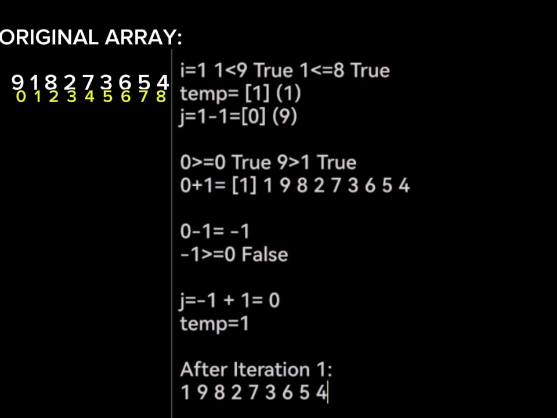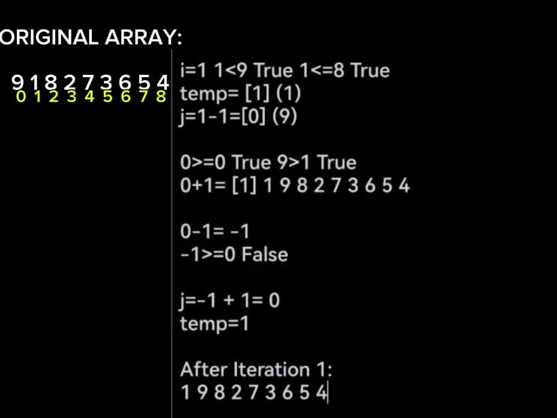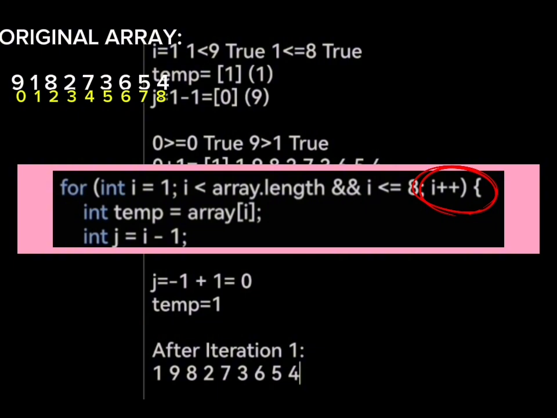So printing now is after iteration 1, we have now here 1, 9, 8, 2, 7, 3, 6, 5, and 4. And after that, babalik po tayo sa for loop, which is mangyayari po yung ating incrementation.